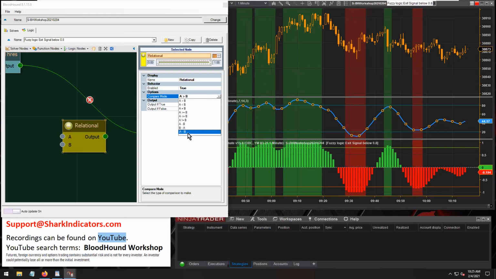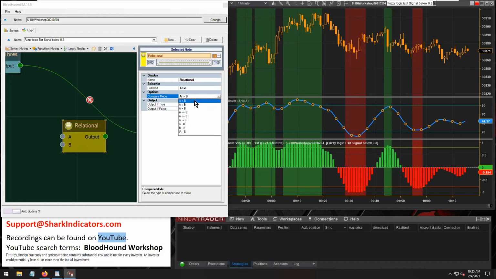This is by no means a math formula or a math solver. You can see that it only has three basic subtraction math formulas here, but the bigger point of this relational node is to do comparisons between the two inputs.